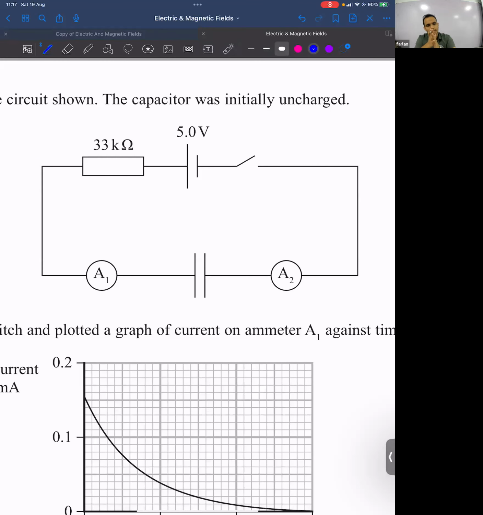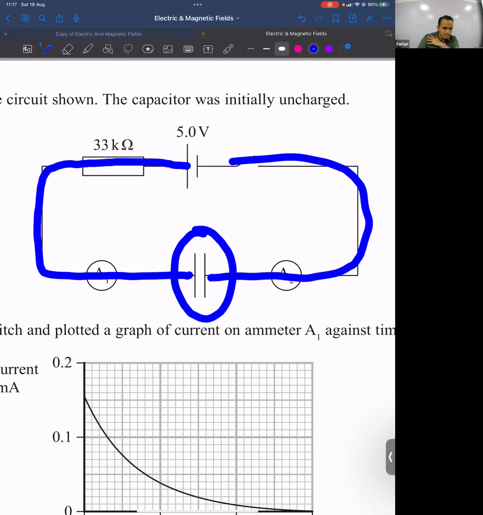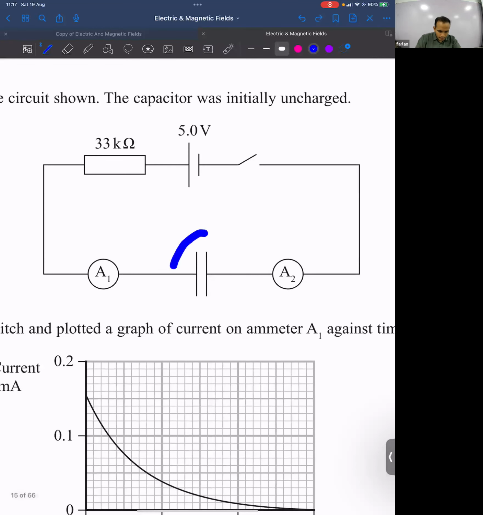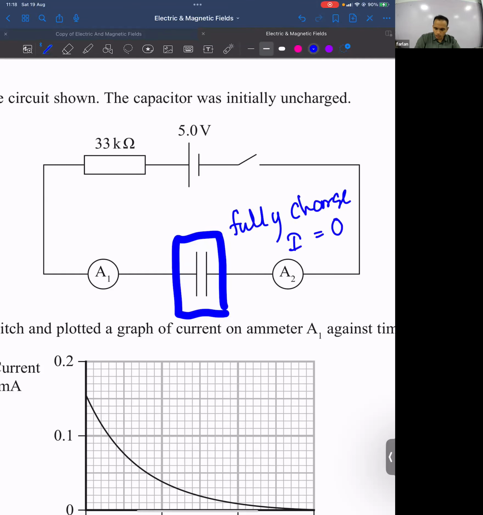Listen, how it works is: initially the current comes from the battery, passes through the resistor, and the capacitor gets charged. While it is getting charged, the current will reduce, which means the charge stored in the capacitor is increasing. Once the capacitor is fully charged, the current in the circuit is 0.